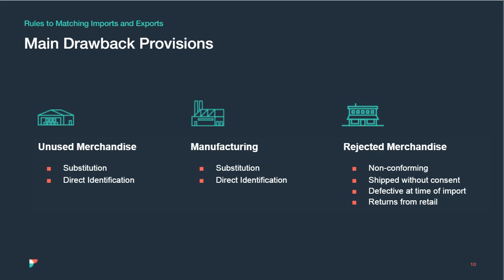You can claim the export of the blue crib against the import of the white crib, as long as the import and the export share the same 8-digit HTS number, the tariff number. There are some limitations to that, and I'll get into that in a second.